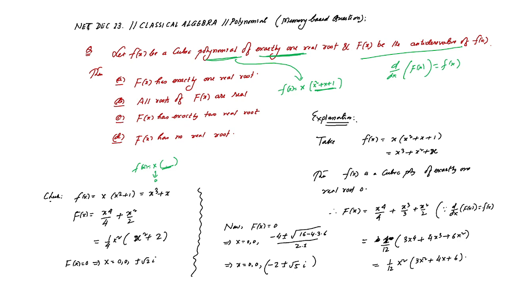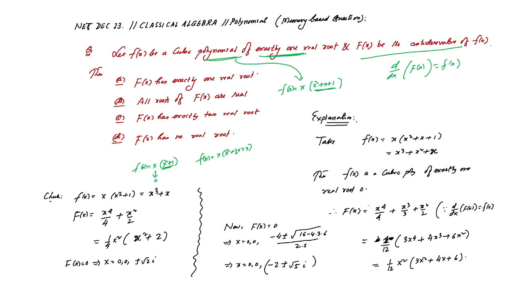Together they form a cubic polynomial because it's a multiplication, and the roots of the quadratic are imaginary. So you can take x square plus 1 or x square plus 2, or even x square plus 2023. No problem. In that way you can produce a cubic polynomial with exactly one real root. Now, f(x) equals x cube plus x square plus x. So f(x) is a cubic polynomial with exactly one real root, 0.